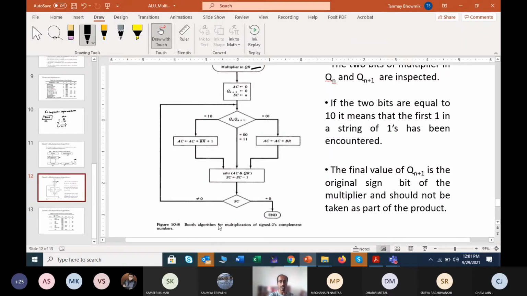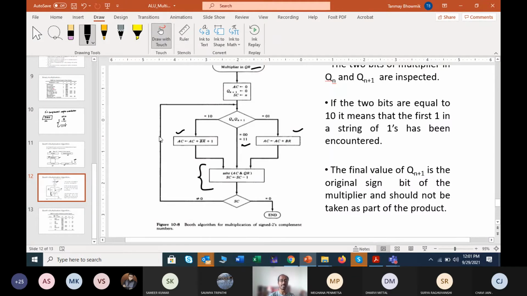We also did this in our regular multiplication. Only the difference is in this zone, right? One extra step has been added, because in signed number representation you are only adding and shifting, but now alongside this addition and shifting operation, you may also need to perform the subtraction operation, because you are using a 2's complement representation.